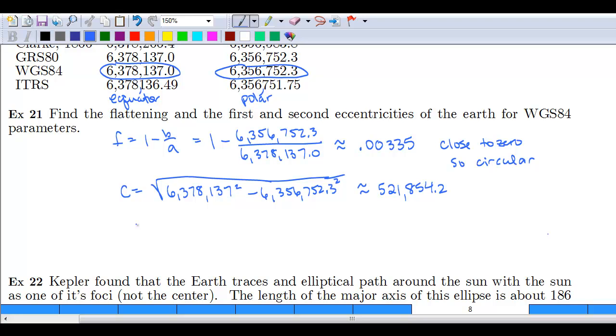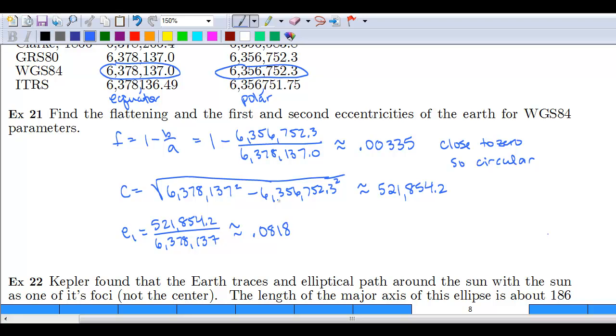So now that we have that number, we can find that eccentricity 1 is going to be that 521,854.2 over our major axis, 6,378,137, and that comes out to be approximately 0.0818.